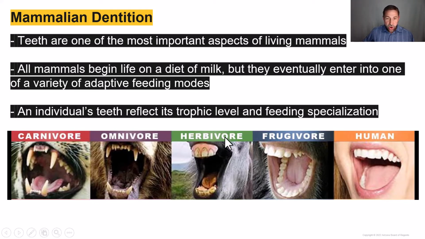So these modes of feeding are going to be reflected in the animal's specialized teeth. So those teeth are going to tell us about their mode of feeding as well as their trophic level in the food web.